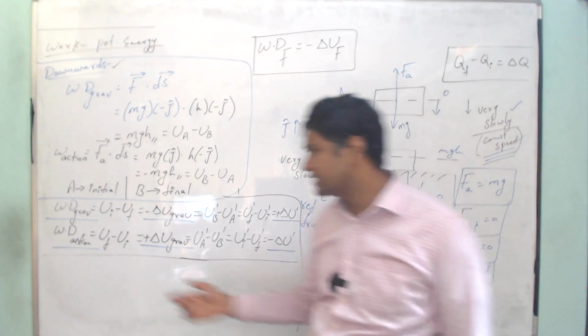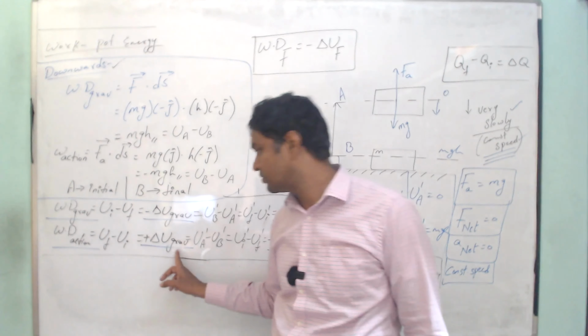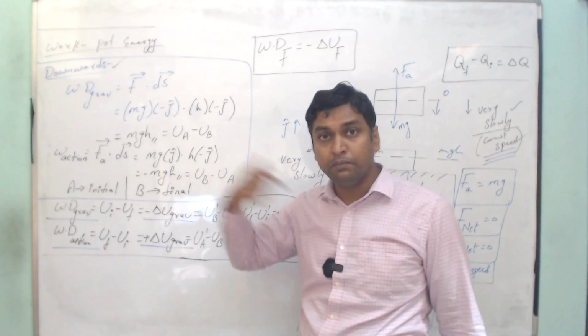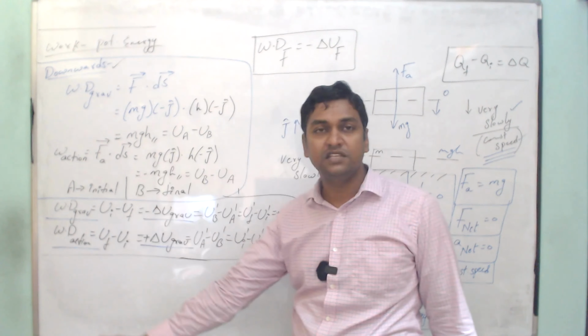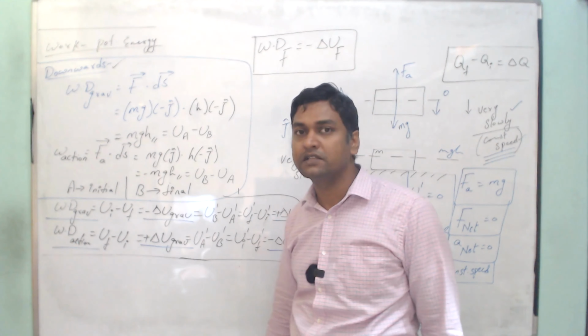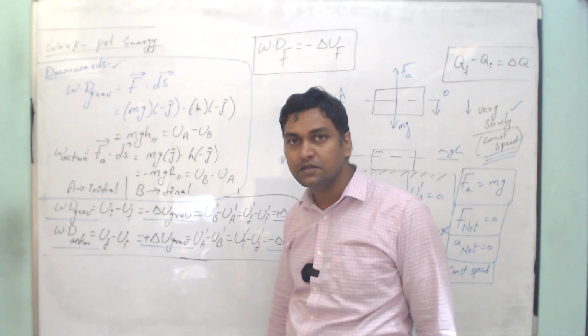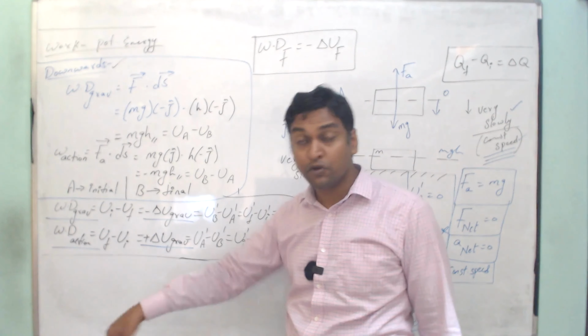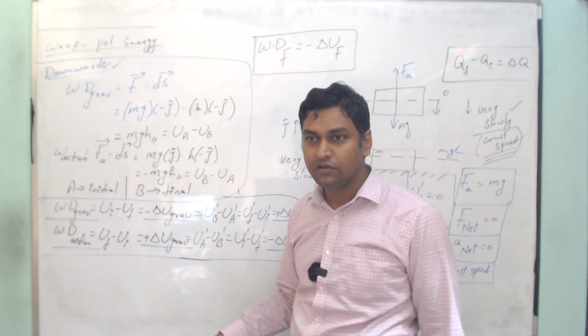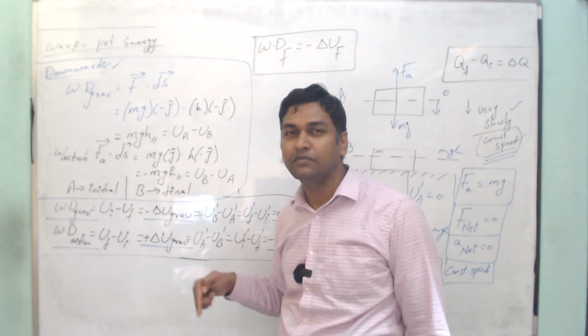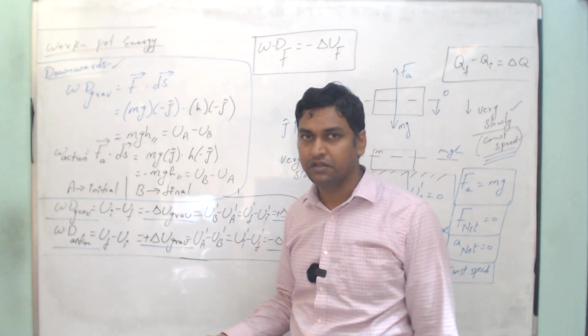I'll explain this. I went to a temple, I have 100 rupees, I gave that fellow 5 rupees. Work done by me is the change in how much paisa that fellow has. The change in paisa he has is positive because I gave him. It's natural also, right?